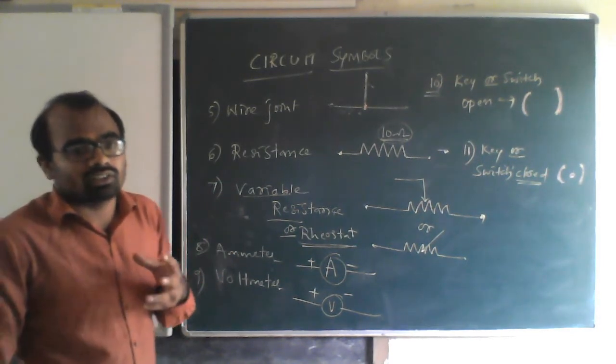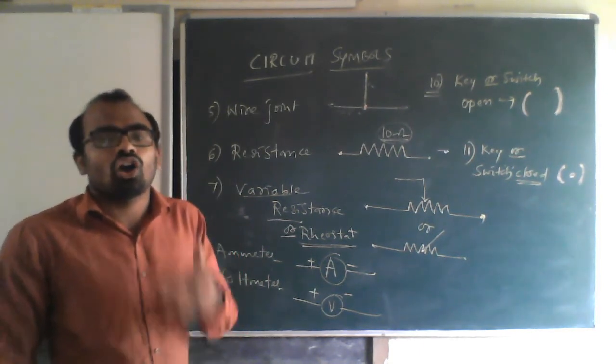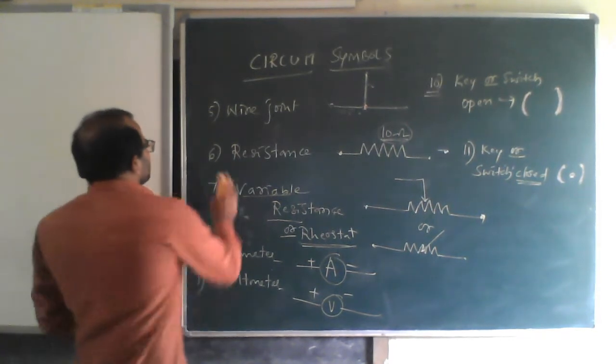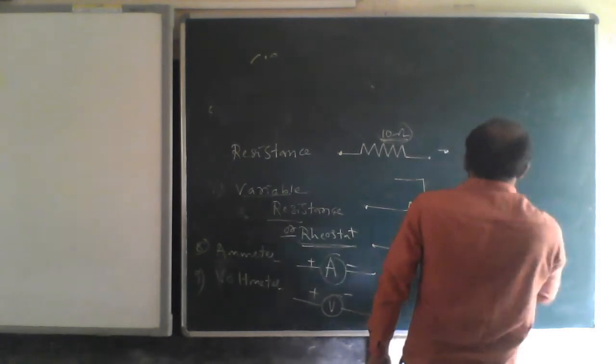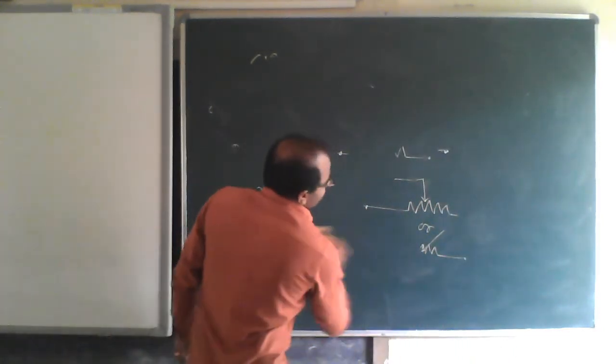You have to remember. Battery is the combination of 2 or more cells. So after this, you can pause the video and check out all the circuit symbols once again.